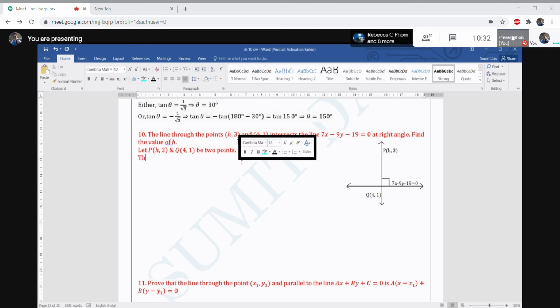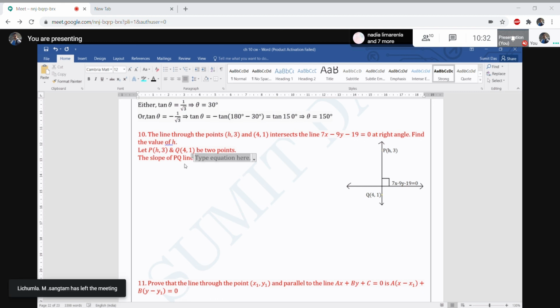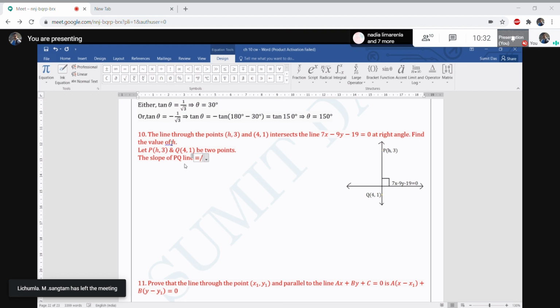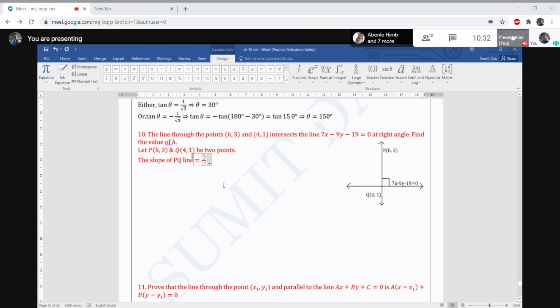The slope of the PQ line is, how to find the slope? The slope formula is very easy: y2 minus y1 divided by x2 minus x1. x1 is h.